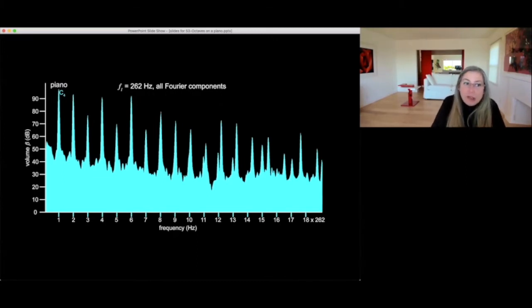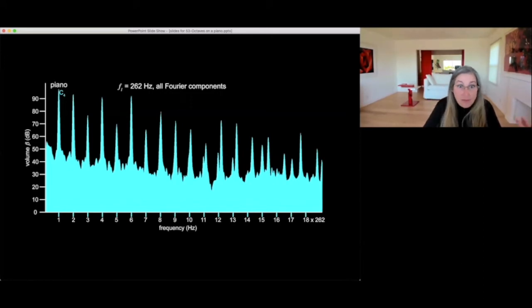Because the decibel scale is a logarithmic scale, what that means is that a difference of 10 on the vertical axis means a ratio of 10 in amplitude or intensity. So if we go down 20 decibel from 95 to 75, we come down 100 times in sound wave amplitude.